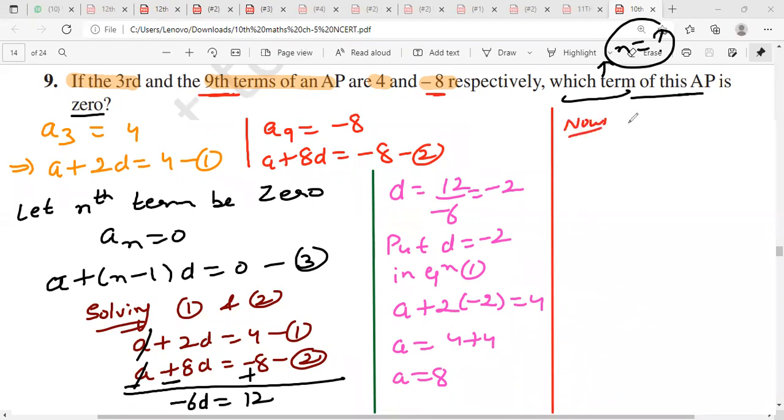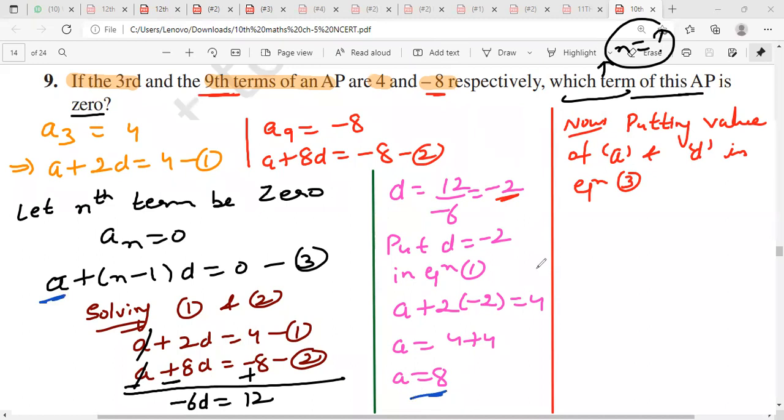Now putting the value of a and d in equation 3, what we will have now? a, that is 8, plus n minus 1 times d, where d is equal to minus 2, and it will be equal to 0.